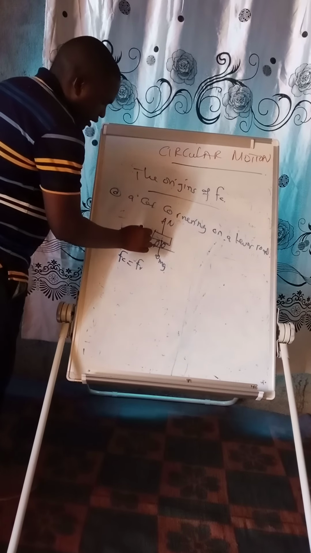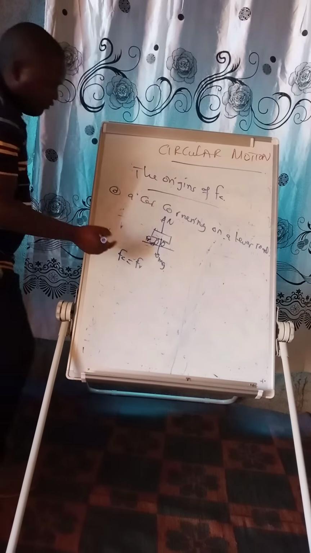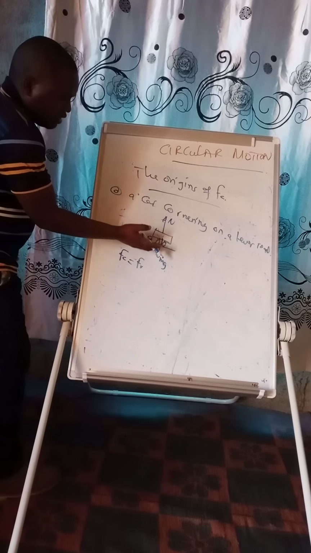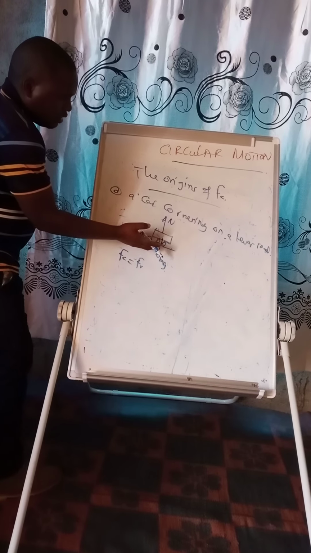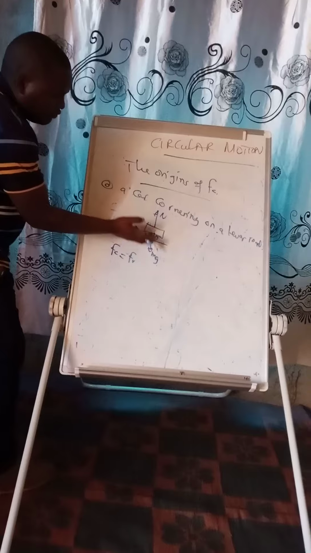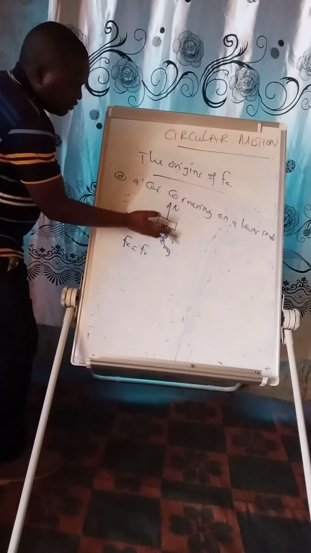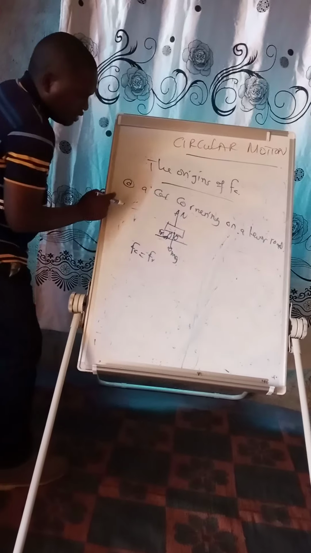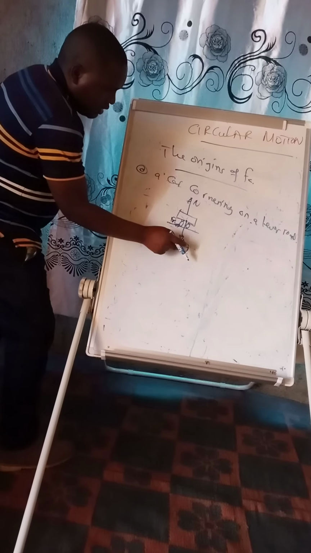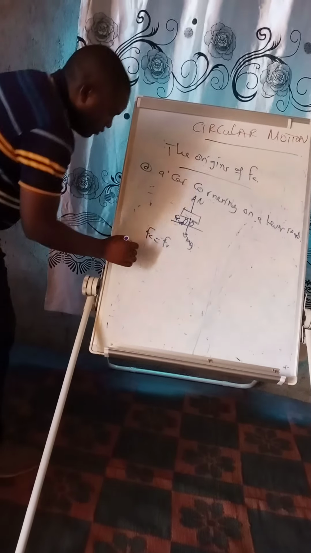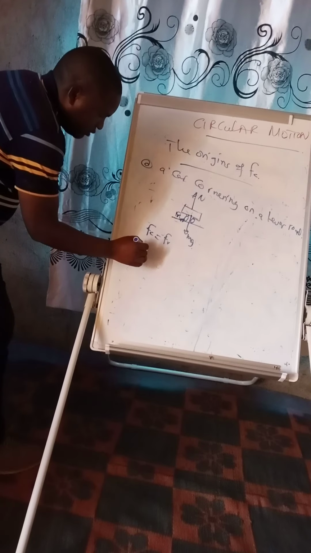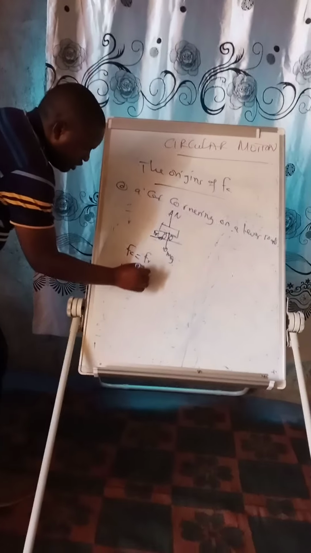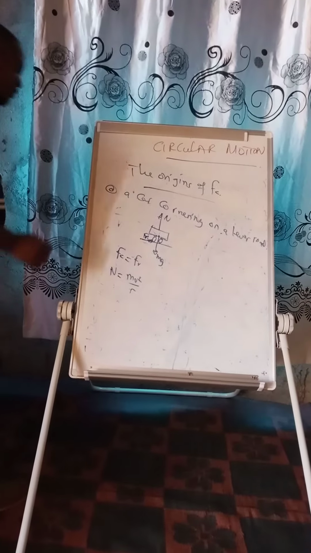But remember that our frictional force means a force in contact of the tires of the car, which is normal force. But a normal force is balanced by mg. So now our normal force N will be equal to centripetal force mv squared over r.